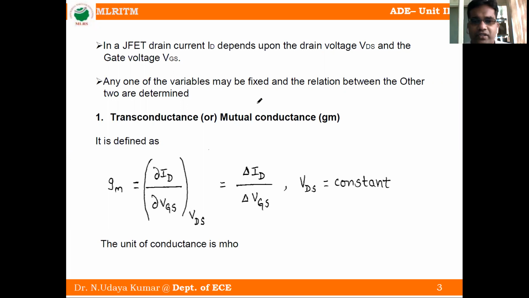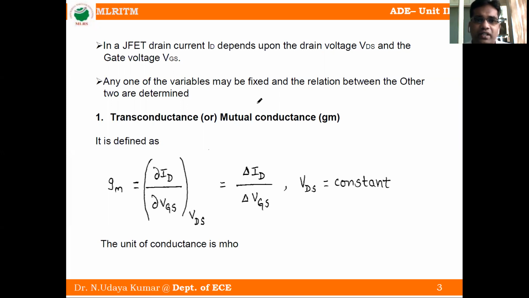For example, if we fix VGS at some fixed value, we find the relationship between ID and VDS. Similarly, we fix VDS at some fixed value and find the relationship between VGS and ID. Likewise, we fix one parameter and find the relationship between the other two.